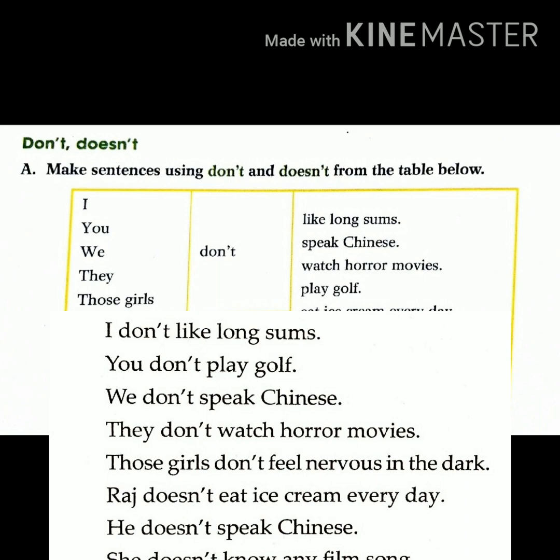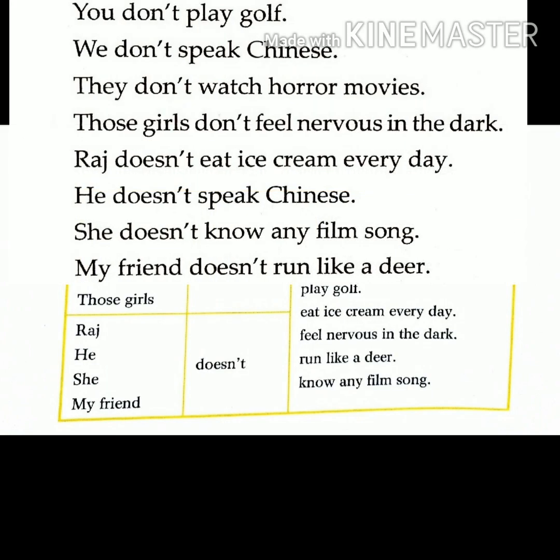Those girls don't feel nervous in the dark. Raj doesn't eat ice cream every day. He doesn't speak Chinese. She doesn't know any film song. My friend doesn't run like a deer. So children, I think you understood this exercise.